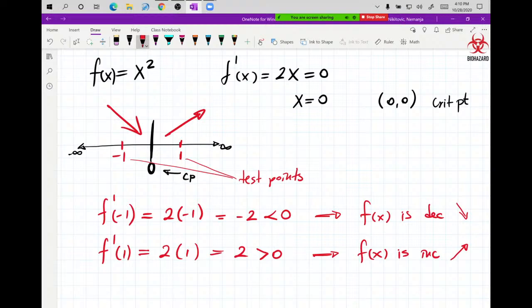So now we are ready, with this example, right? We were able to determine that this critical point is a minimum. And you get that for free when you do the first derivative test. So the first derivative test will tell you the intervals on which the function is increasing and decreasing.